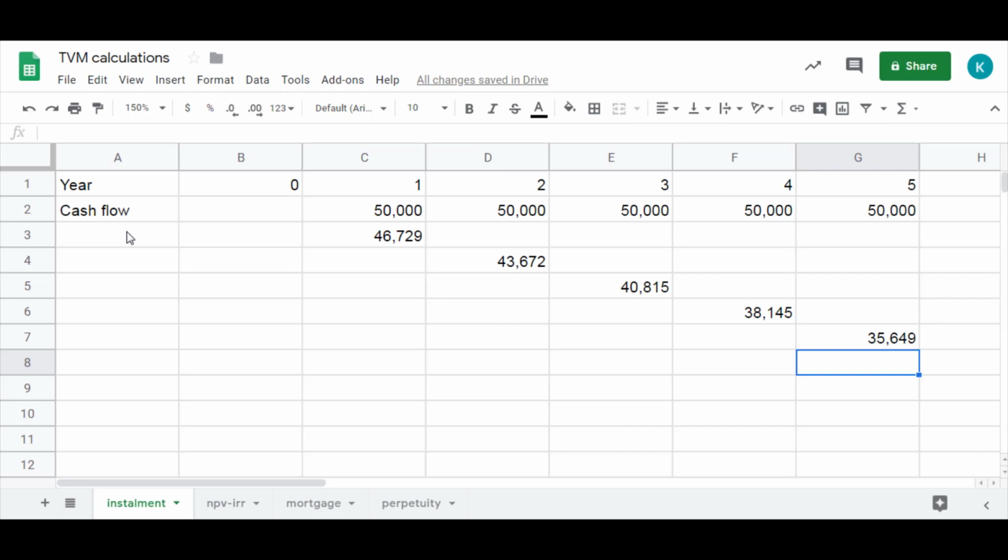Now, once you do the present value calculation for all these 5 cash flows, you've moved them to the present. So their rightful position is not in year 1, year 2, year 3, year 4 anymore. Let me move them to where they belong, year 0.